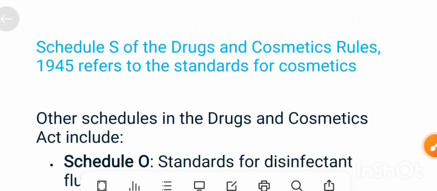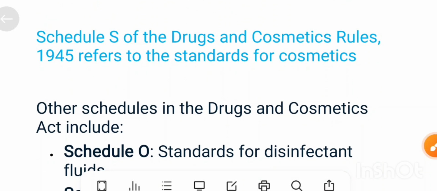This is Schedule S of the Drugs and Cosmetics Rules 1945, which refers to the standard for cosmetics.